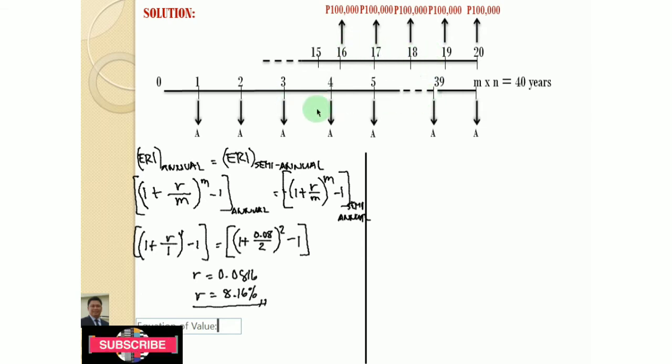So we have discussed the deposit here, this cash flow diagram with the semi-annual annuity, and we have another set of obligation here, which is the cash withdrawal from the 16th year until the 20th year.